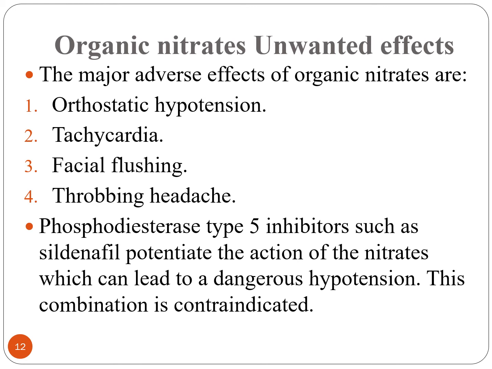Phosphodiesterase type 5 inhibitors, we have a group of drugs called phosphodiesterase type 5 inhibitors such as sildenafil, known as Viagra, can potentiate the action of nitrates. Why? Because phosphodiesterase is an enzyme that breaks down cyclic GMP and cyclic AMP, so when we inhibit this enzyme, phosphodiesterase type 5 in particular, we increase, or we inhibit the degradation of cyclic GMP and cyclic AMP. And we know that the nitrates act through stimulating guanylyl cyclase, increasing endogenous cyclic GMP, so the two together can increase cyclic GMP and this can result in vasodilatation and dangerous hypotension.